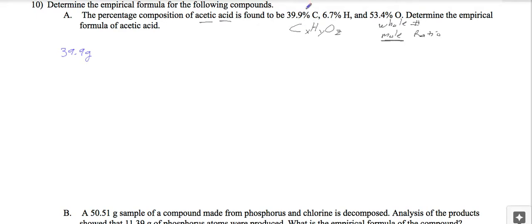So if we have a sample that is 100 grams, we can say that 39.9% of this is carbon, or 39.9 grams of it is carbon. We can apply this same concept to any kind of sized sample. This just makes the math easy. All right, so there's my grams of carbon. Convert that into moles.